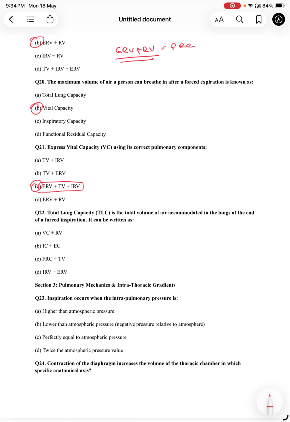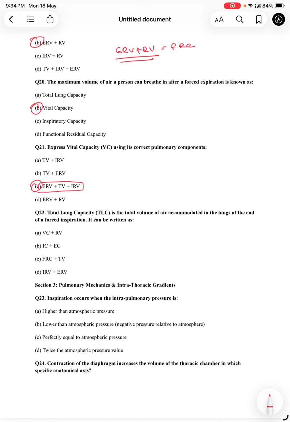Total lung capacity is the total volume of air that can be accommodated in the lungs at the end of a forced inspiration. It can be written as TLC. TLC sums to the total air that the lung can hold, correct?